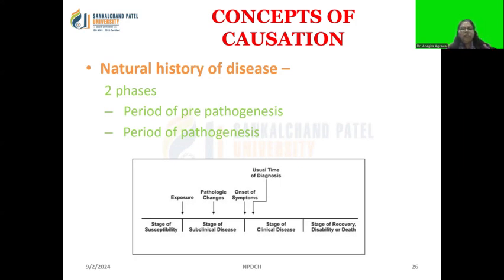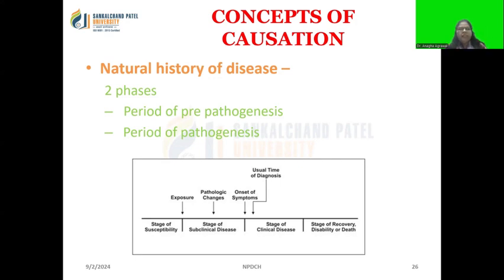Means the agent and the host, they are in the same environment, but the agent has not still started giving some pains to the host, or the agent has not started causing the disease to the host. They are just in the environment and they are just alongside and they are getting along well, but there is no disease, but the risk factor is present in that particular environment. So that is your period of pre-pathogenesis.